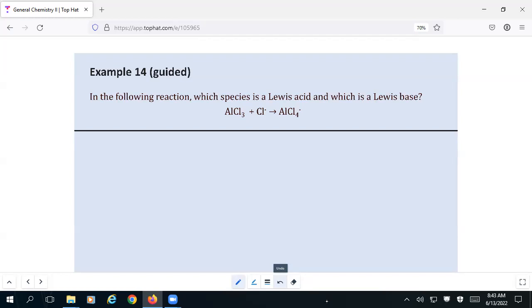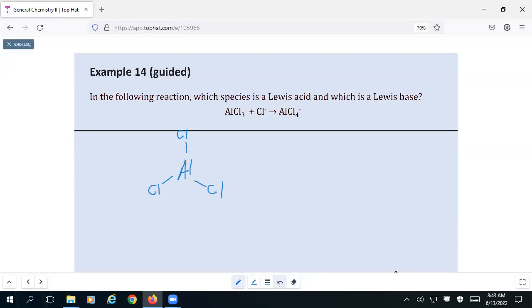So in this reaction, which is the Lewis acid and which is the Lewis base? Well, if we think of aluminum chloride as a covalent compound, which is not an easy concept to grapple with, considering everything we told you about what ionic looks like versus covalent.